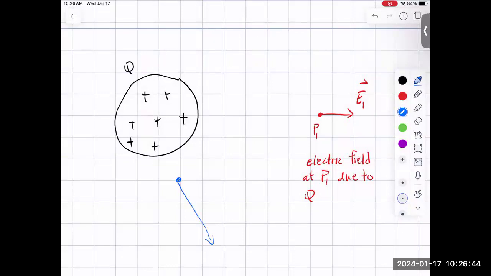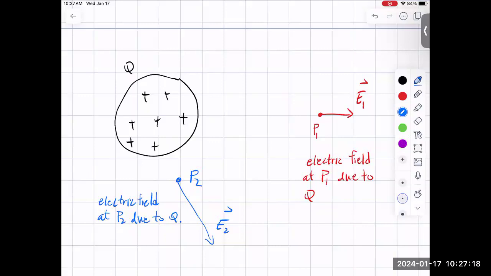Maybe this is point P2, and this is the electric field E2, and so this is the electric field at P2 due to Q. And so we'll see in a second how we're going to determine the strength and the direction of this electric field. But I've drawn in here some things that might make intuitive sense, even though we haven't said much about this electric field yet.